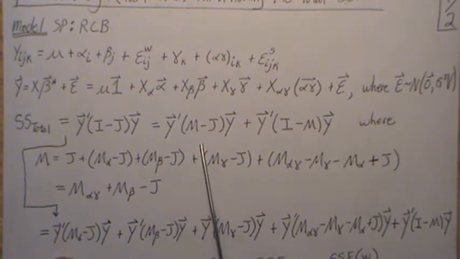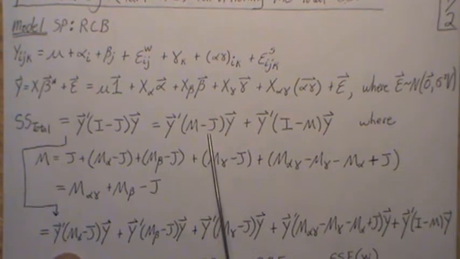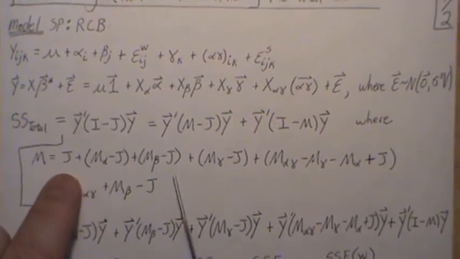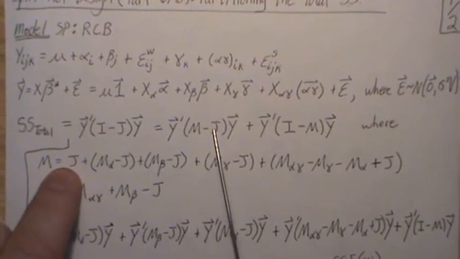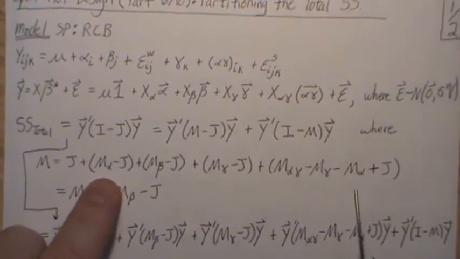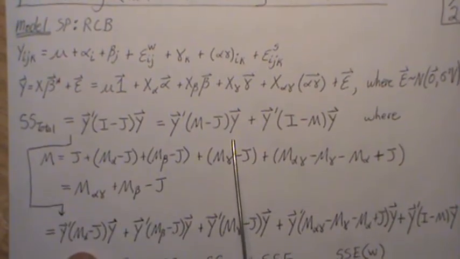So for this piece here, what we do is we put this in there. Now notice the J and the J cancel, but everything else is left. So then you can multiply the y's in and you get this, right?